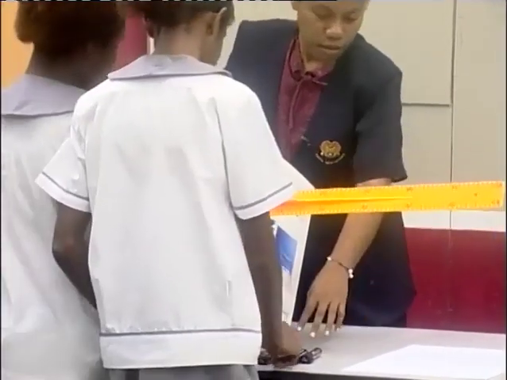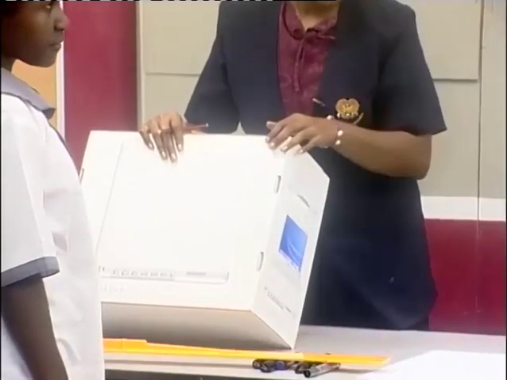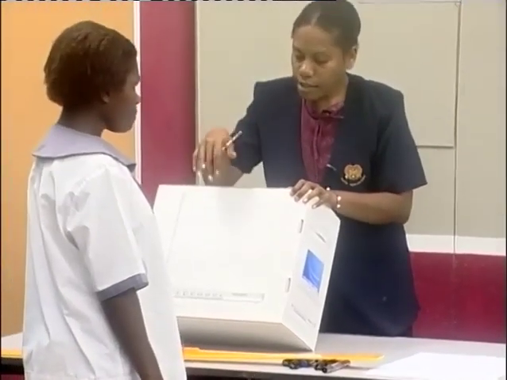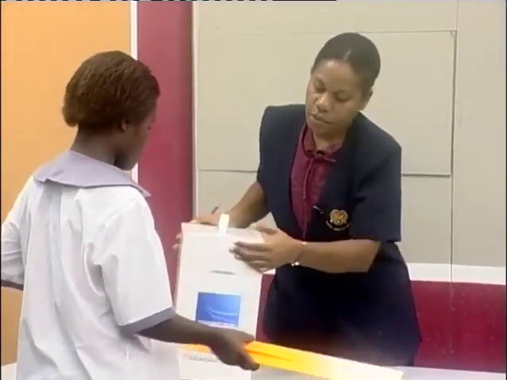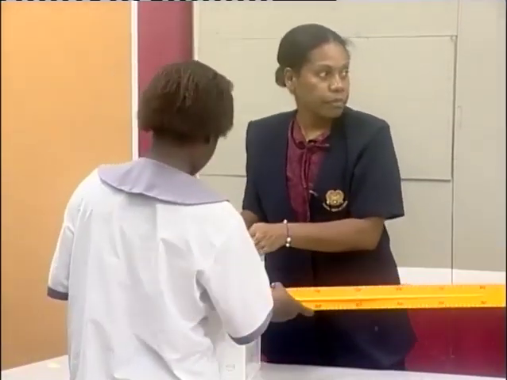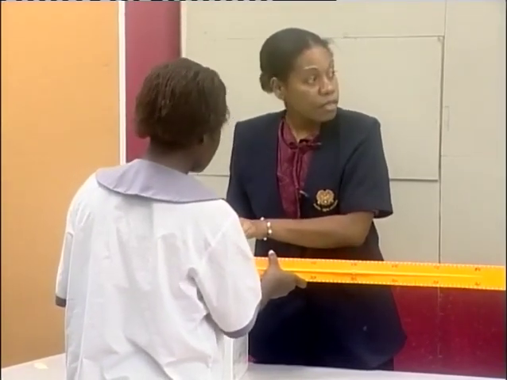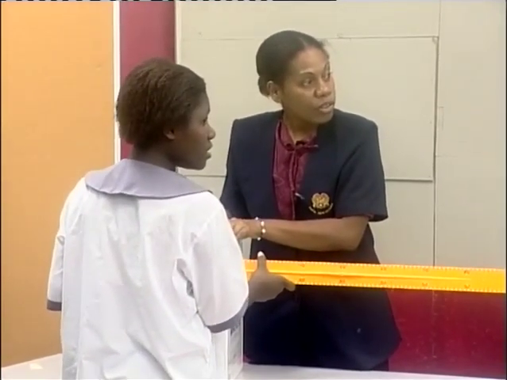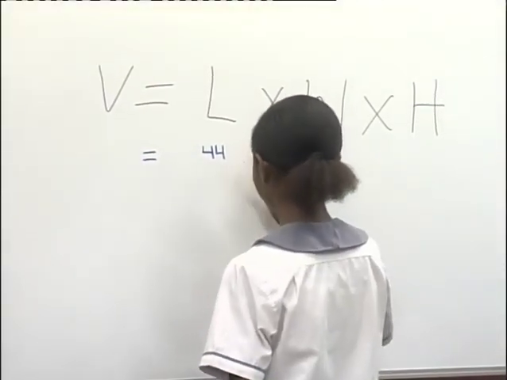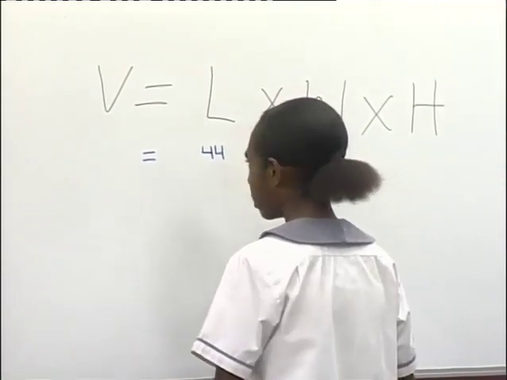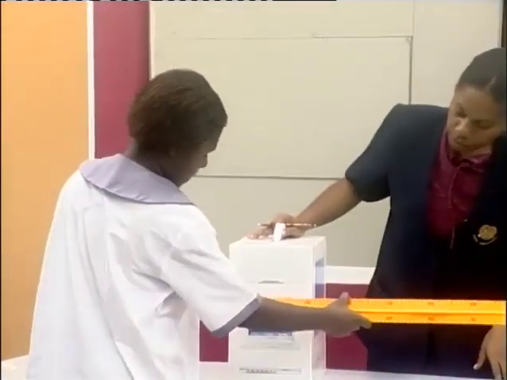Okay, get the whiteboard marker over there. All right. That's the length, now the width. Okay, this is the width. Is it just 44? 44 what? Okay.